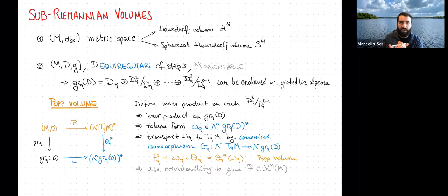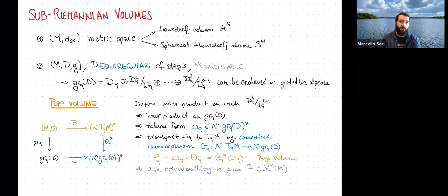And that you have this Lie algebra structure that allows you to define canonically a complement for the distribution and to define an inner product there. As soon as you're not equiregular, this doesn't work. The alternative in the non-equiregular case, in the case of almost Riemannian, I'm going to discuss in a bit. So for now, let's stick to equiregular.